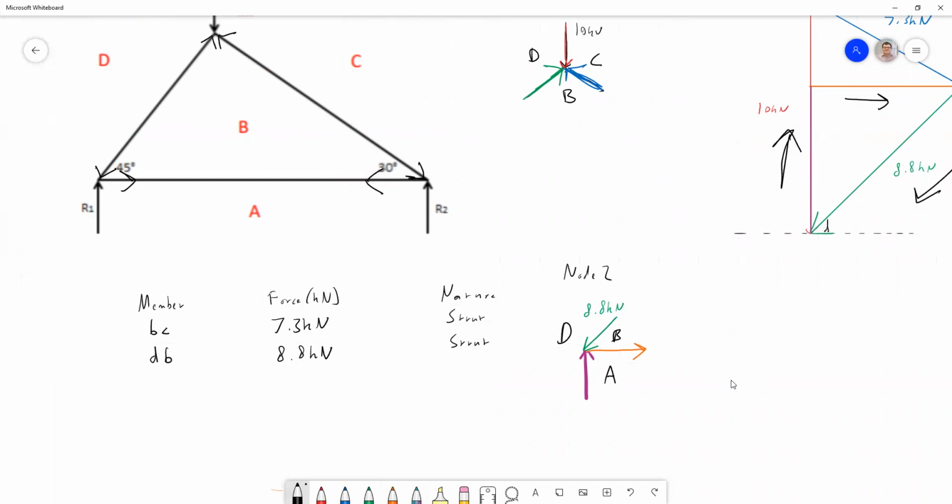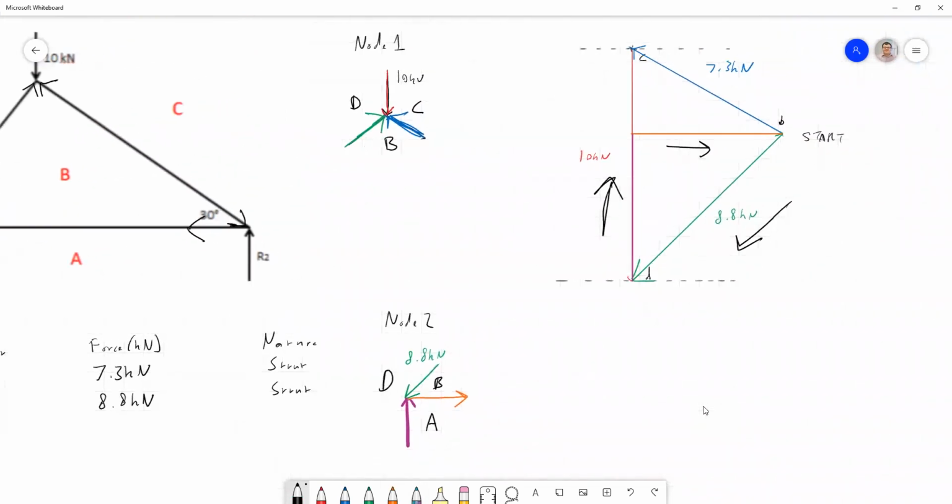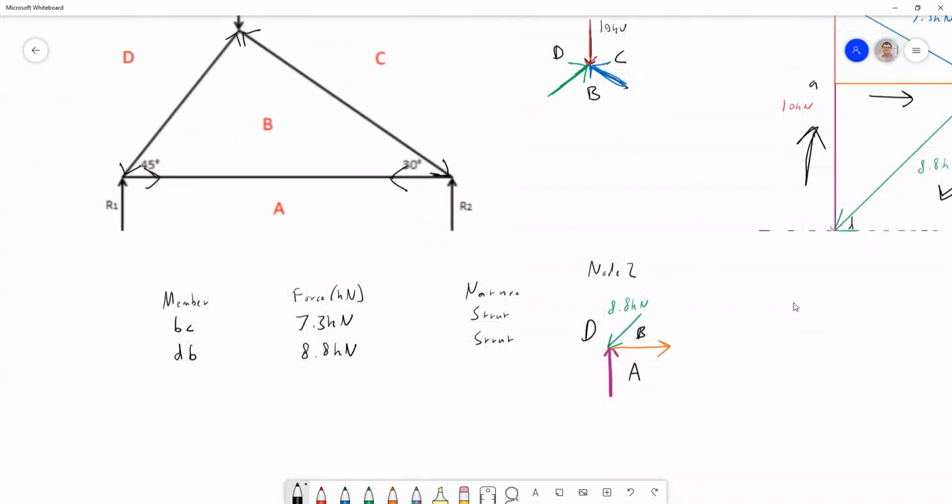They're trying to stop the bar being pulled apart. So internal forces are acting to overcome that. So that should be point A. So our member AB must be a tie because the internal forces are acting in the way away from the nodes. So we can say that it must be a tie.